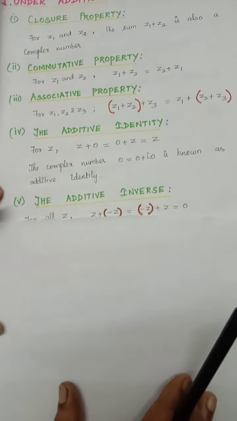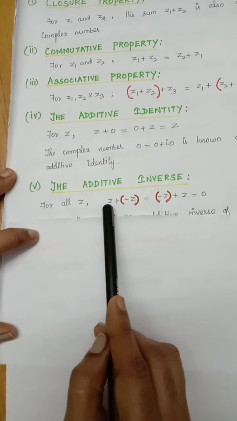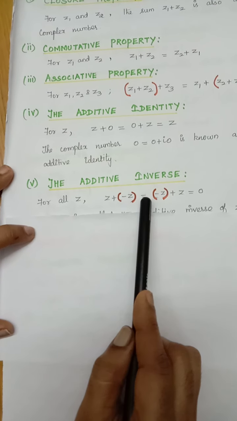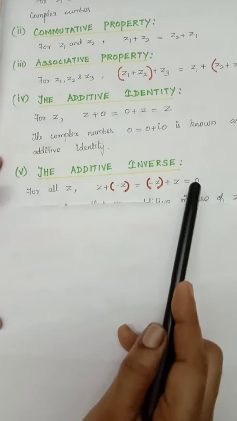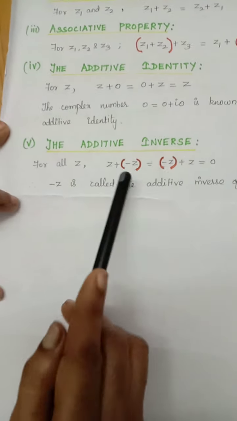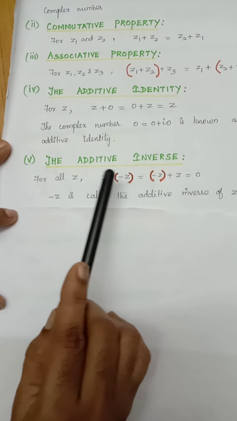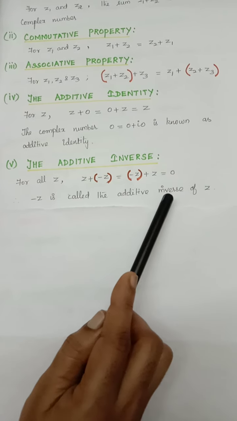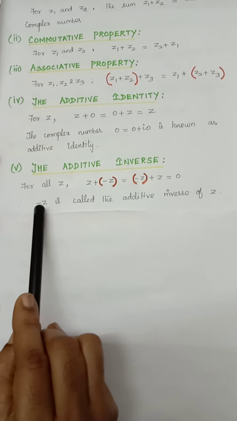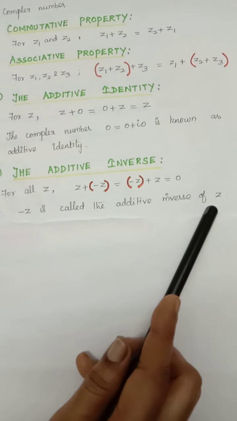The next one, additive inverse. For all z, z plus minus z is equal to minus z plus z is equal to 0. Because of that, this minus z, the negative of the complex number, is called the additive inverse. So minus z is called the additive inverse of z.